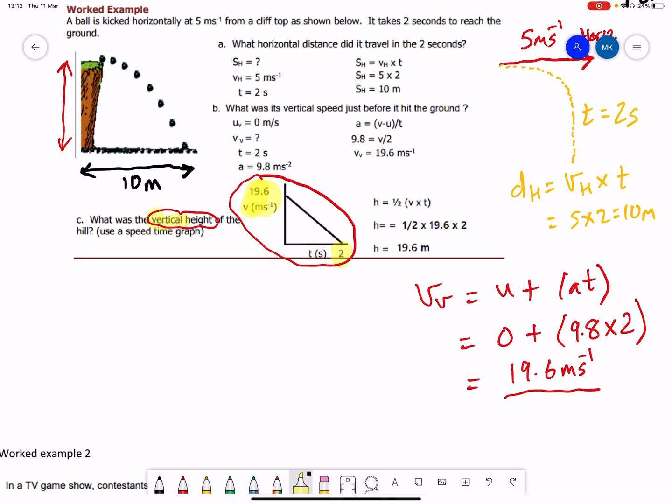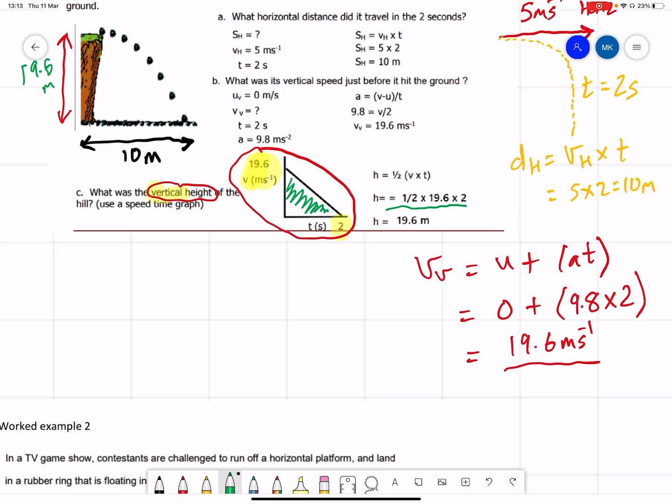So 19.6 was the vertical velocity. The time was 2 seconds. In order to calculate the height of that cliff, it's the area in here. So again, a half times 19.6 times 2 just happens to be 19.6 as well, and 19.6 meters is the height of that cliff.